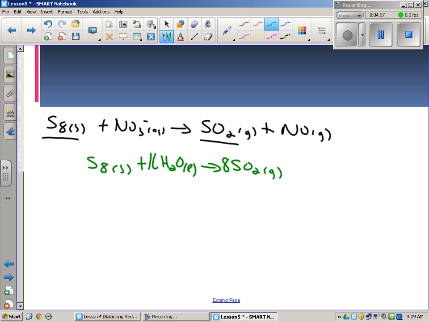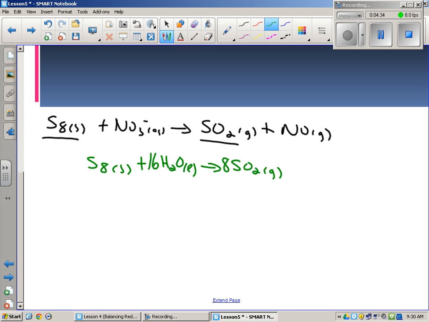I'm going to add 16 waters. I balance oxygens by adding waters. Don't worry about the H's, that's not part of this right now. I have 16 O's on that side, I need 16 O's on this side, so I add 16 waters.